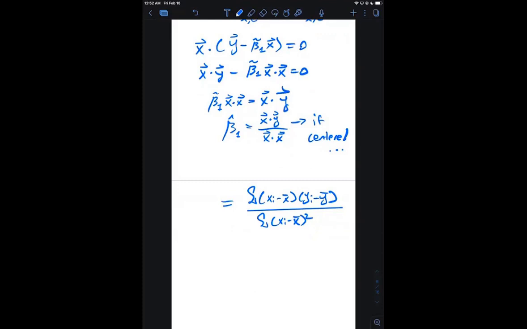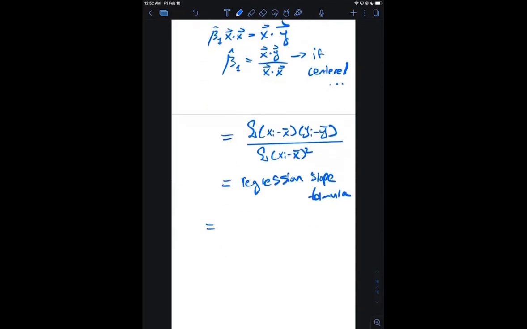So if this is centered, we get this, and notice that this is just immediately equal to the regression slope formula in one way that you may have learned it. Now you may have learned another way, which is this. So beta equals R times this, right? But what is this equal to? This is equal to covariance of x and y over standard deviation of x times the standard deviation of y times this.